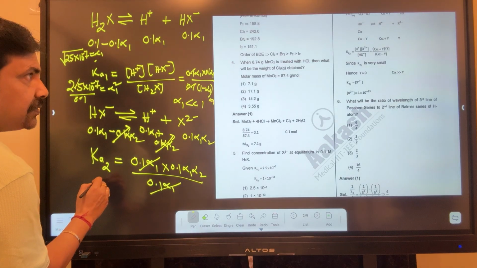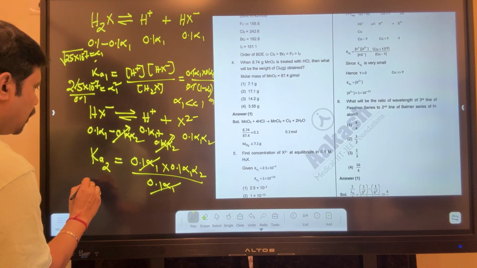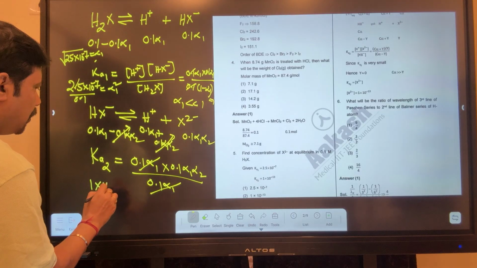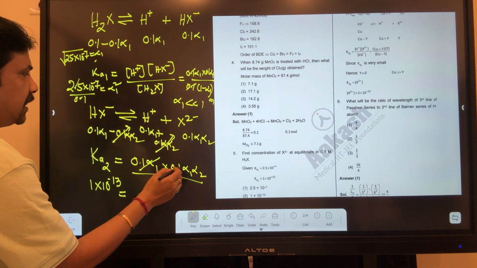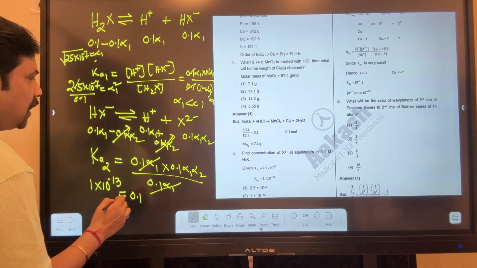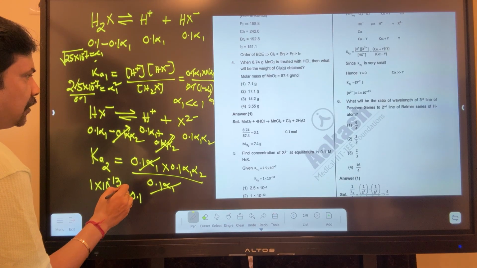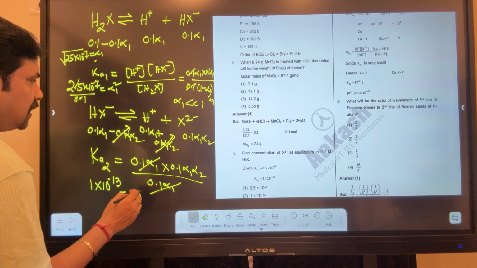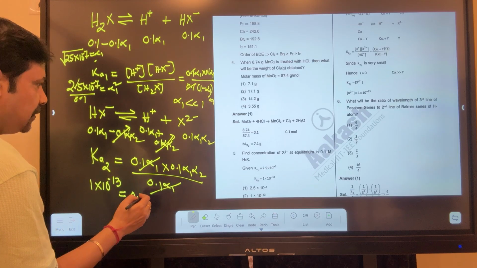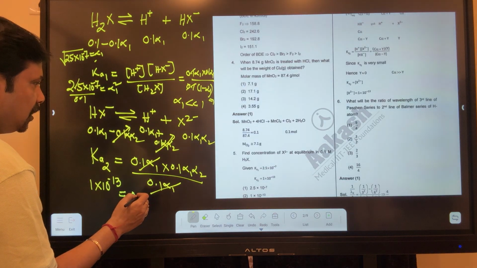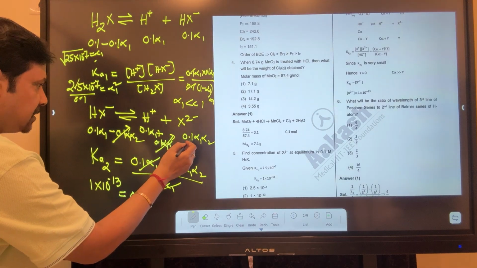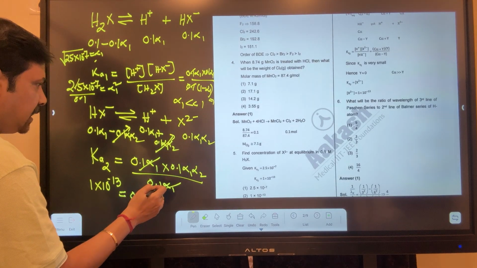If you look at, K2 is 1 into 10 to the power of minus 13 is equals to, and here we are getting 0.1 into alpha 1, 0.1 into alpha 1. You have to find out this concentration. From this equation I have to get the alpha 2.